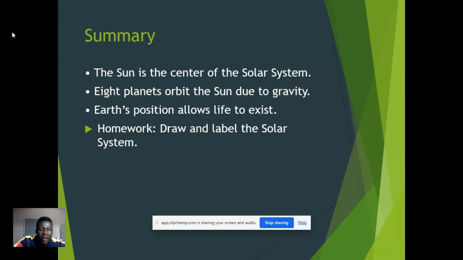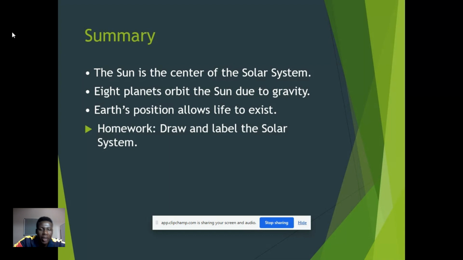The 8 planets orbit the sun due to gravity. The Earth's position allows life to exist. As I've said, Earth is the only planet capable of supporting life.